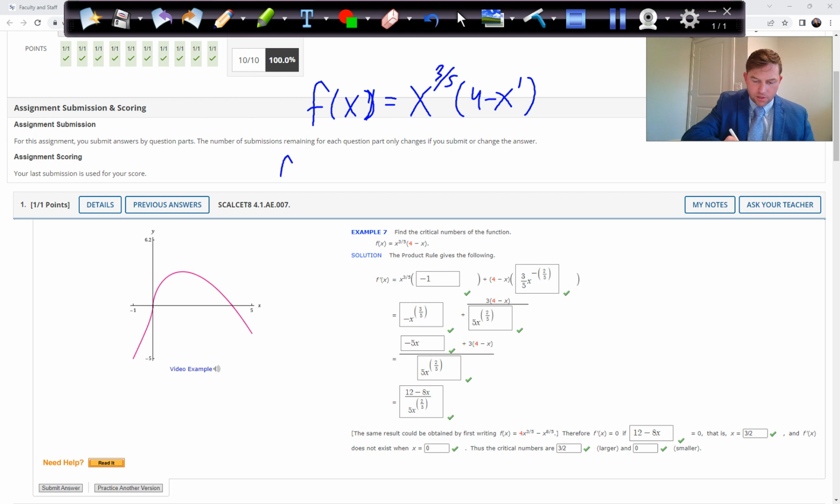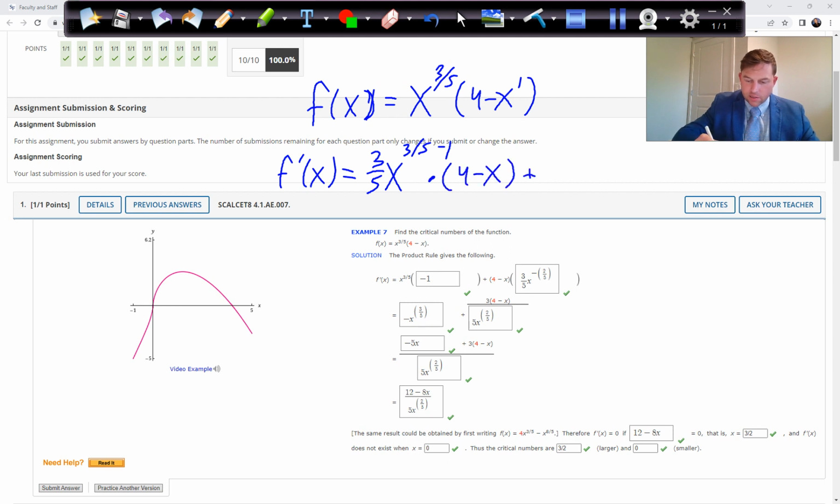So they said, what's the derivative of this function? Product rule says take the derivative of the first thing, so it'd be 3/5 x to the 3/5 minus 1 times the second thing left alone, 4 minus x, plus leave the first thing alone, times the derivative of the second thing, which would be just minus 1.